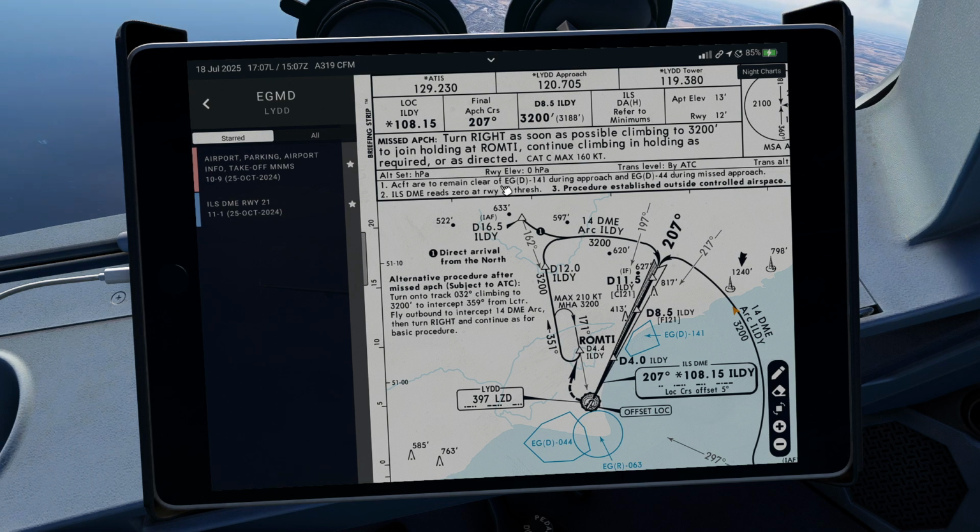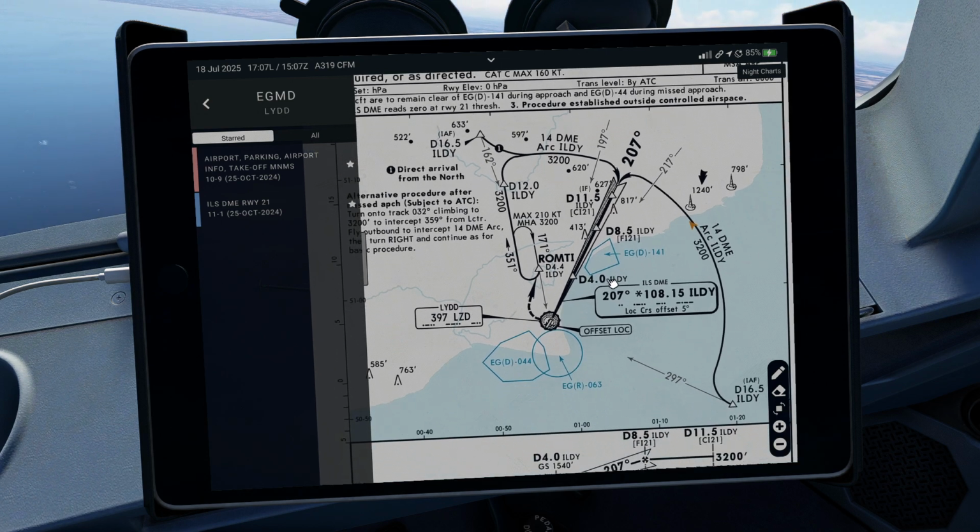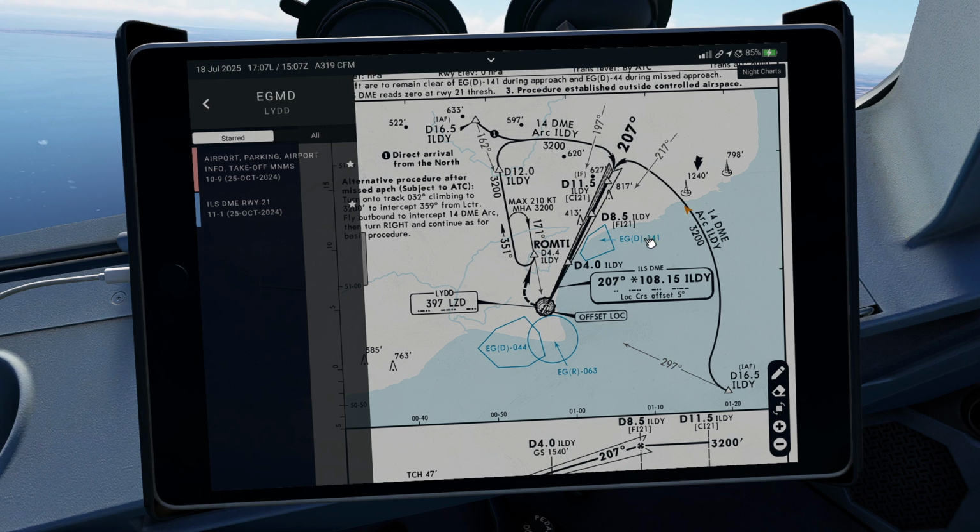Aircraft must remain clear of Echo Golf Delta 141 during approach and Echo Golf Delta 044 during missed approach. These danger areas are very important, so you must go through this approach perfectly and accurately.